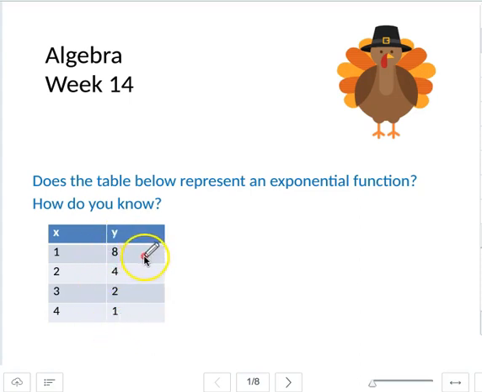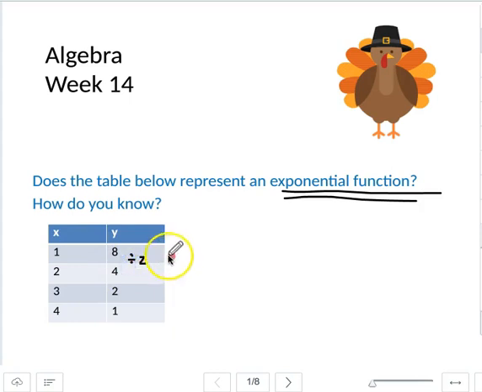With exponential functions, it's going to be increasing or decreasing by the same multiple, or being divided by the same number. So how do we go from 8 to 4? Again, to be an exponential function, we're multiplying. We wouldn't be adding or subtracting. So to go from 8 to 4, we divide by 2.